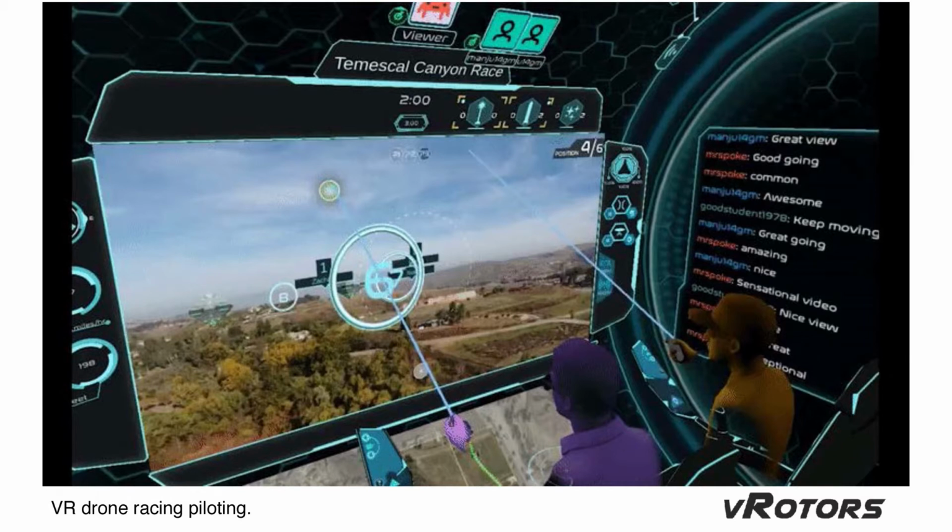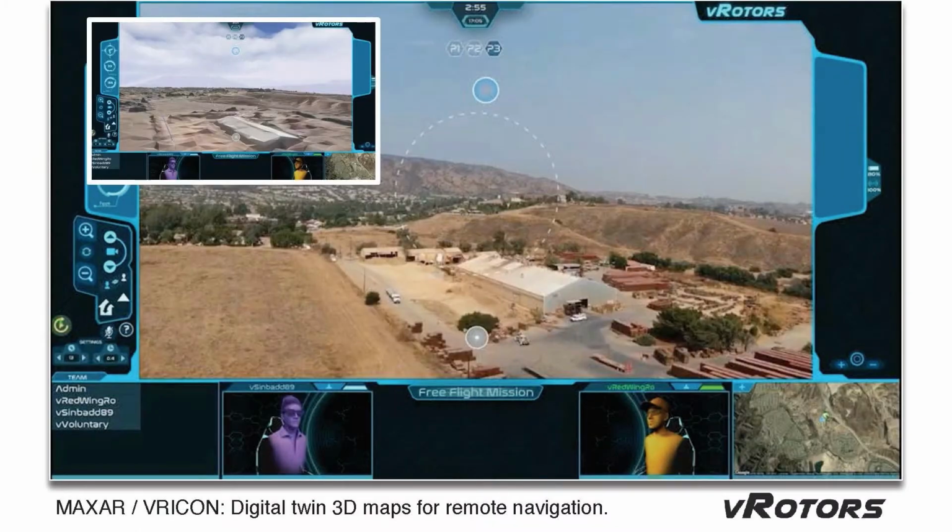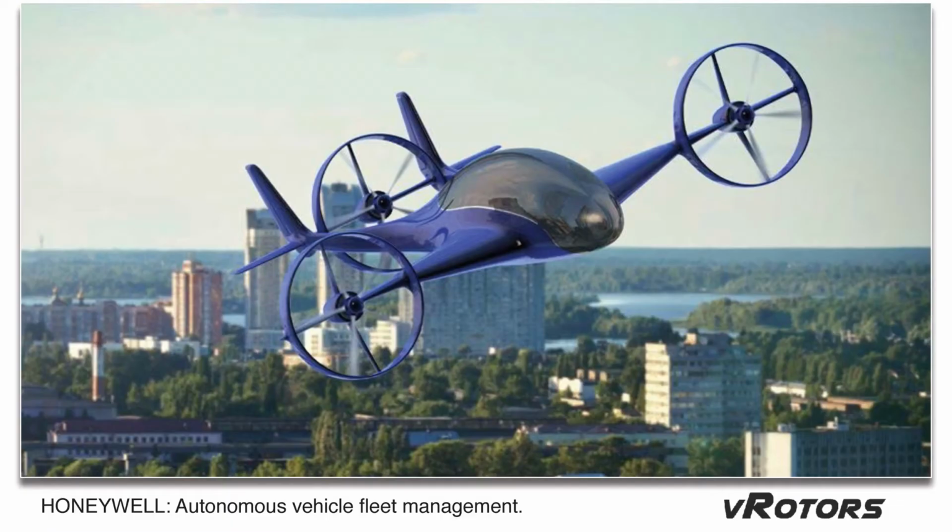We also have enterprise projects with some amazing partners. First, we're working with Dish Network to help them with remote tower inspection using real-time remote drone pilots. We're also working with Maxar on 3D map applications to provide synthetic visualization during bad visibility and low bandwidth conditions.